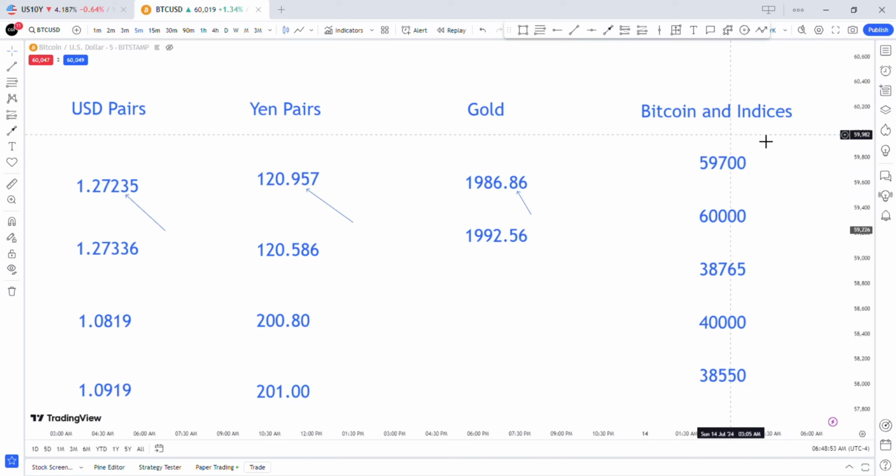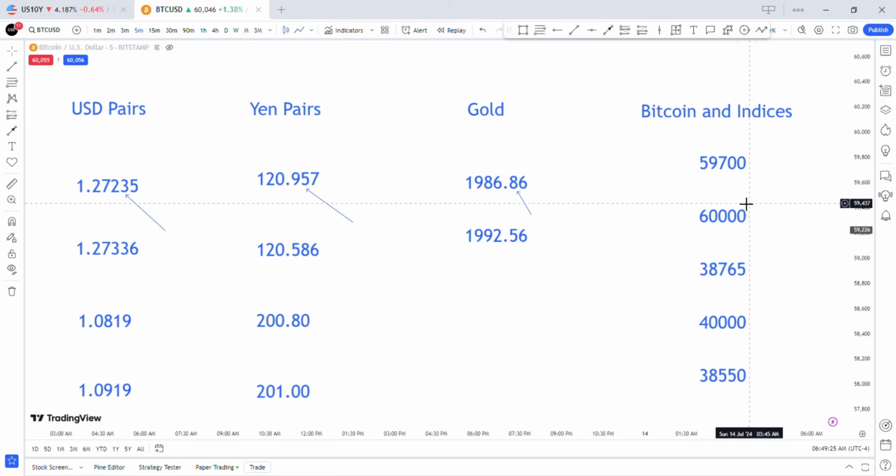For Bitcoin and indices, it's a little bit easier and more straightforward to calculate your lot size, because all you have to do is take the difference between your entry and your stop loss, and then divide the amount you want to risk by that difference. For example, let's say this is a Bitcoin trade.